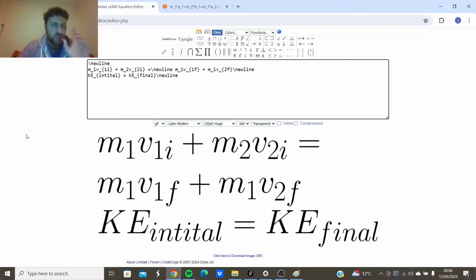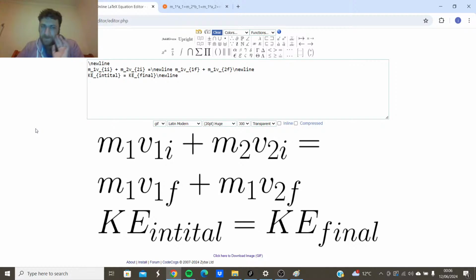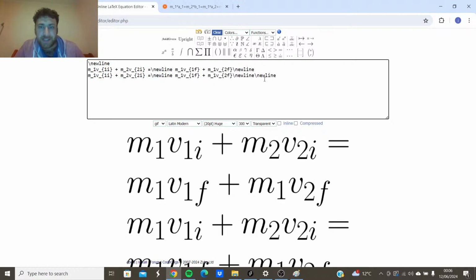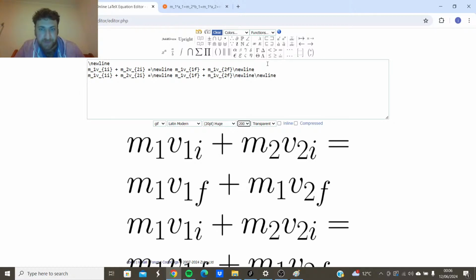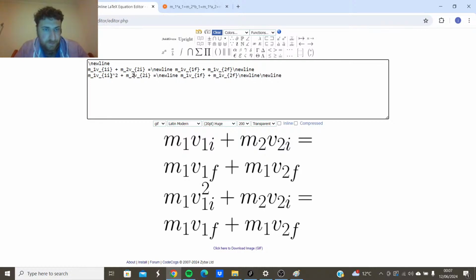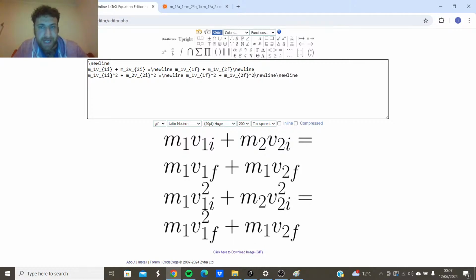All right. Let's just set up the two equations, the momentum and the kinetic energy. So this is the momentum equation, and this is the kinetic energy equation. The kinetic energy equation will be quite similar, except that these will be squared, because it's mv squared for kinetic energy, and they will all be fractional as well.